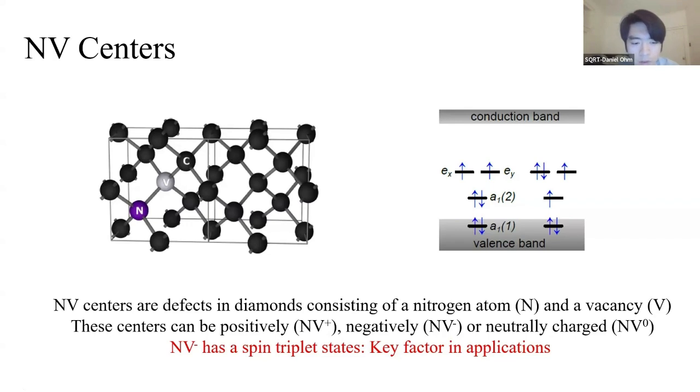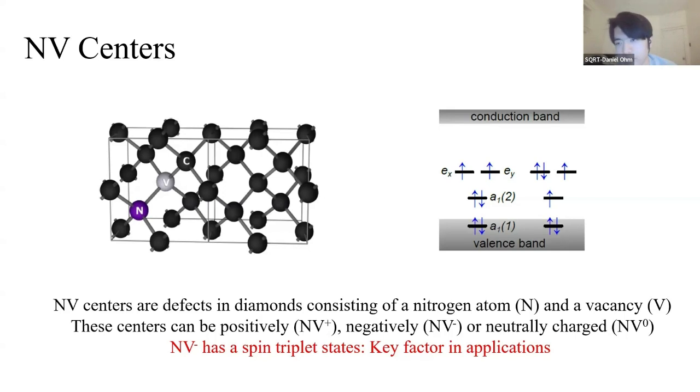Now we're primarily interested in NV minus, basically negatively charged NV centers, because they have what's called spin triplet states. Since they're negatively charged, they have an extra electron, which gives it three possible spin states, 1, 0, -1. And this is crucial for their applications.